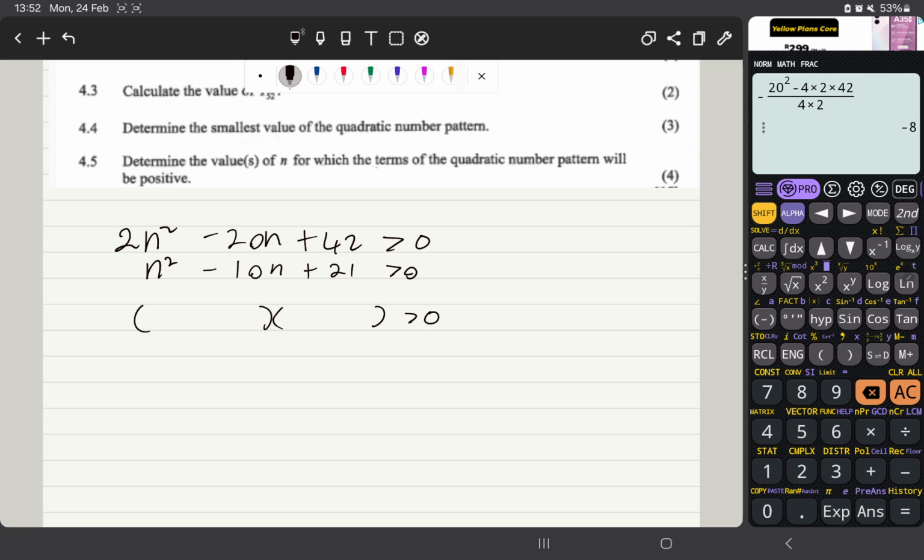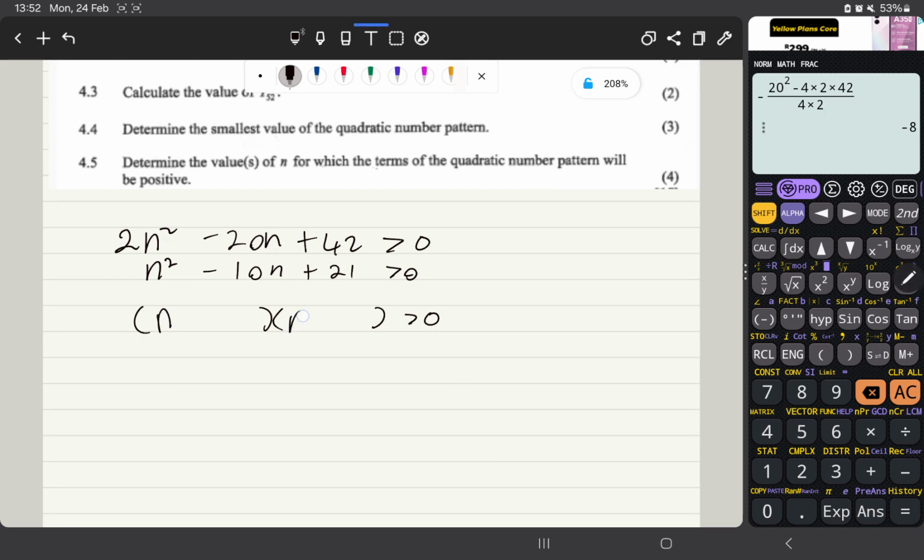We have to find 2 numbers that when you multiply them you get 21, and when you add them you get 10. So let's find factors of 21: 1 and 21, 3 and 7. Those are exactly the 2 numbers. Both of them need to be positive, right?